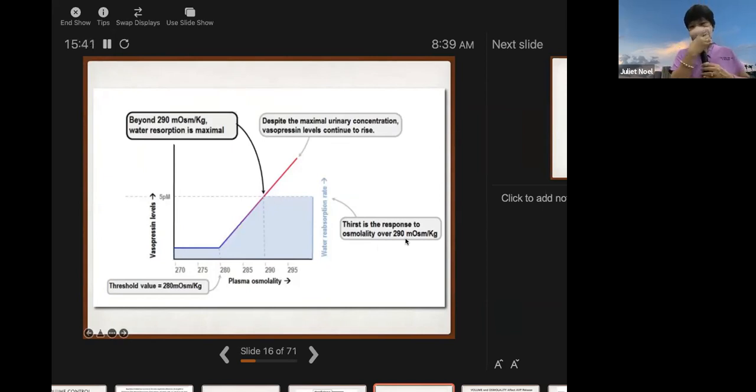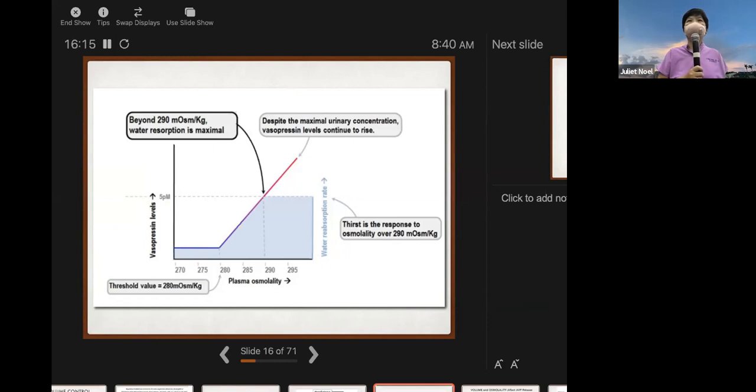That's why in a conscious patient that you don't ask to be NPO, you seldom see hypernatremia, because the thirst mechanism will always trigger when your osmolality is more than 290. So you will always look for water and drink. Unfortunately, you do see hypernatremia in post-stroke patients that we control with NGT feeding.